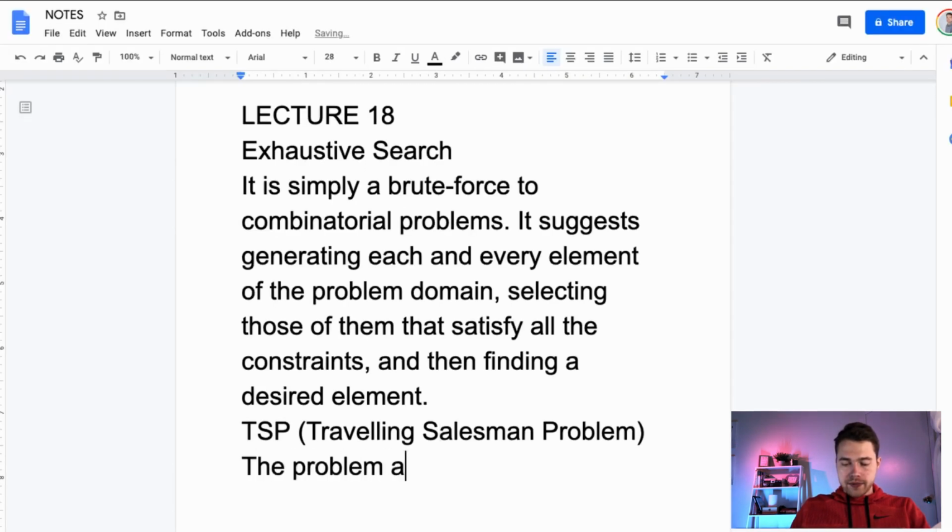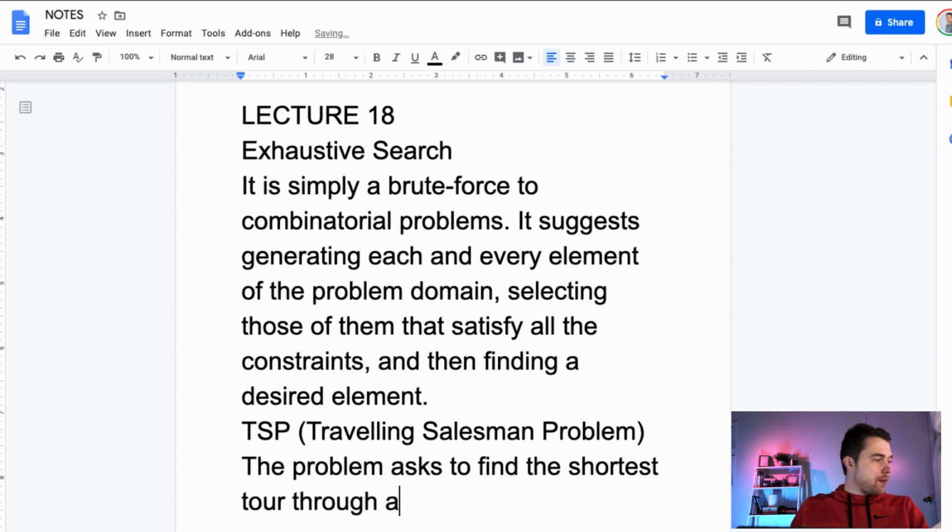The problem asks to find the shortest tour through a given set of n cities.